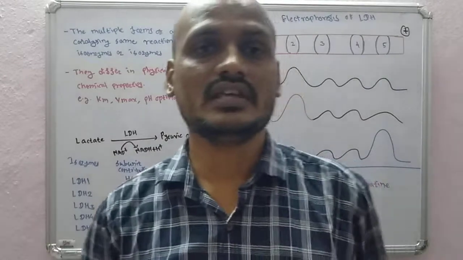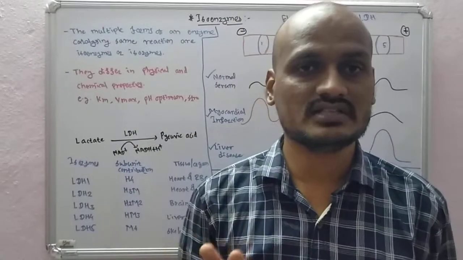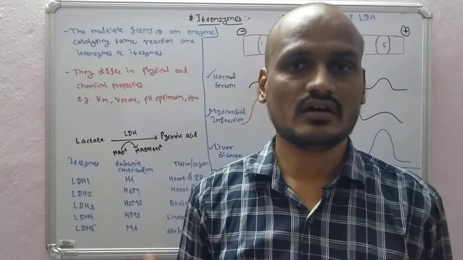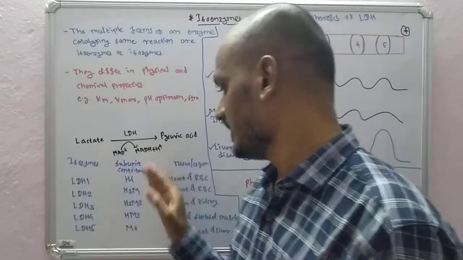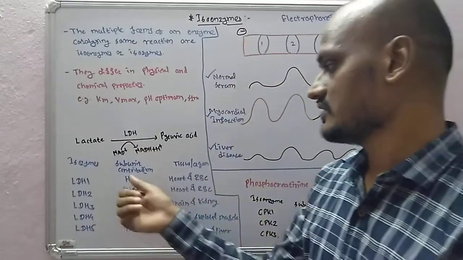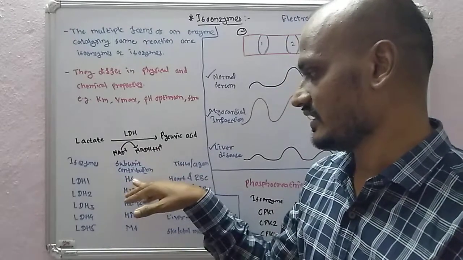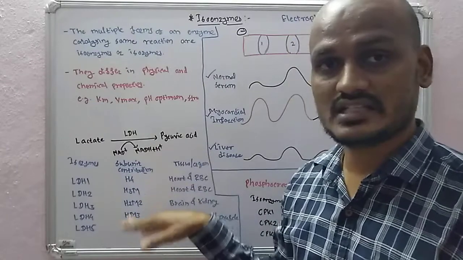So here we have 5 forms of LDH, and based on whether it is occurring in the heart or the muscle, different organs are involved. Here LDH1 is involved in the heart. If you want to draw the subunit composition, you can take H4 first and then decrease H by 1.